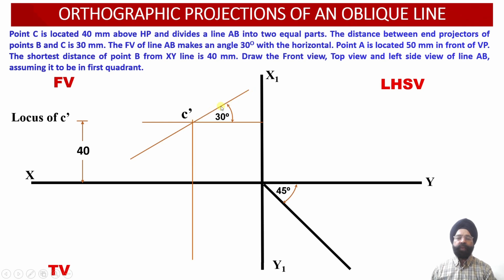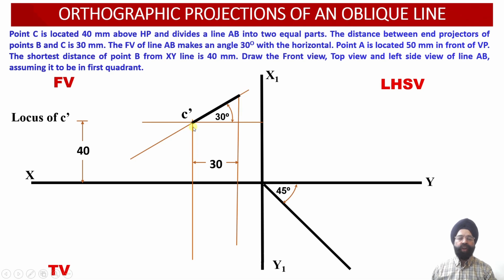So onto this projection line, point B dash will be located. Wherever B dash is located, one vertical projector line has to be drawn. Corresponding to this vertical projector line, corresponding to the end B, we know that this is the end projector of B and this is the end projector of C. So this distance is provided to us as 30 millimeter.